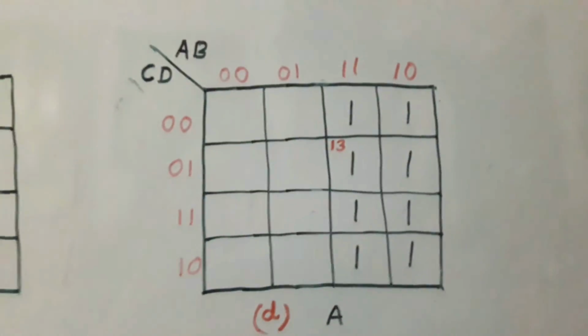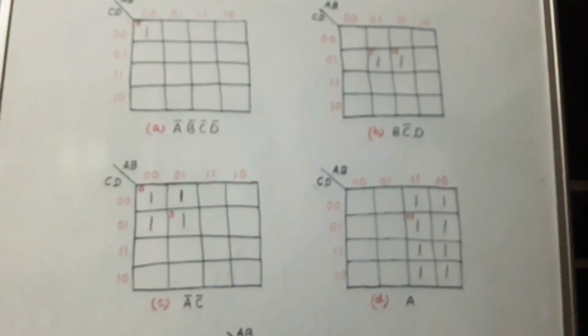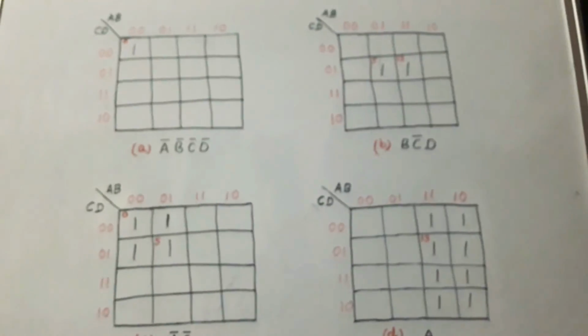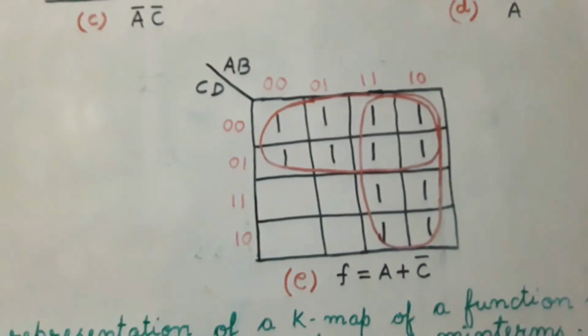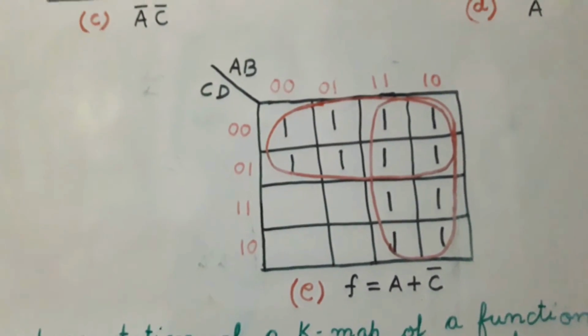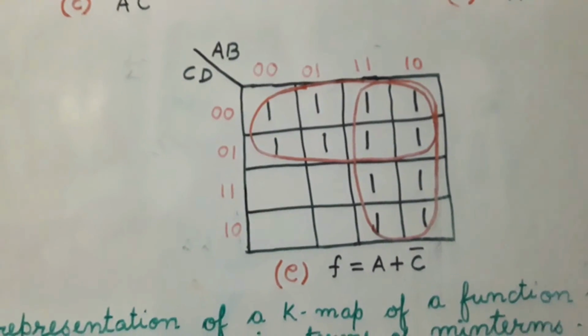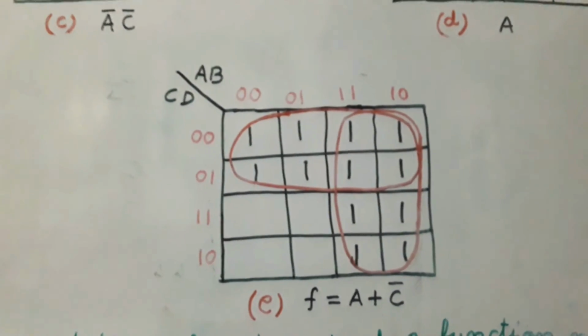Now we will combine all the 4 maps together and we will represent all the 4 by a single k-map as shown in the figure E, in which we have combined all the 4 k-maps into a single k-map. So the k-map will be as shown in the figure E.